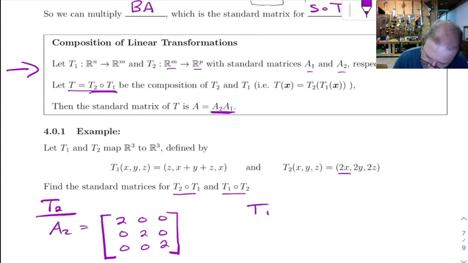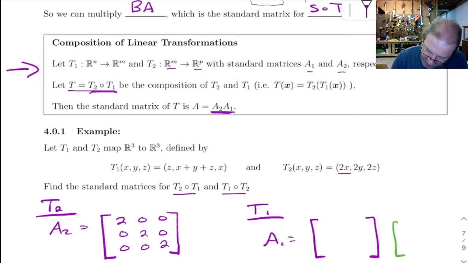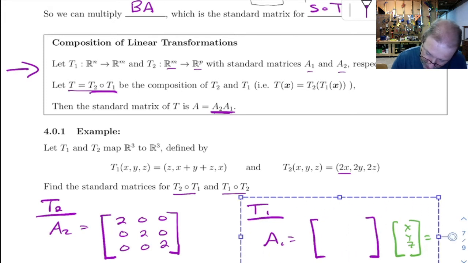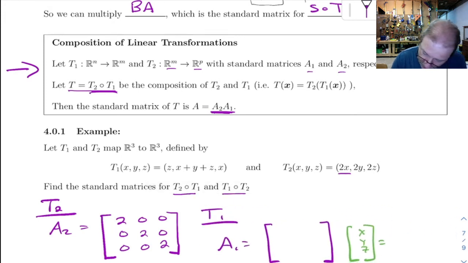Okay, for T1, to get its matrix, maybe it's worth writing this stuff in. This is a matrix. We multiply it by x, y, z, and what do we get out of this? We get z, x plus y, and x.